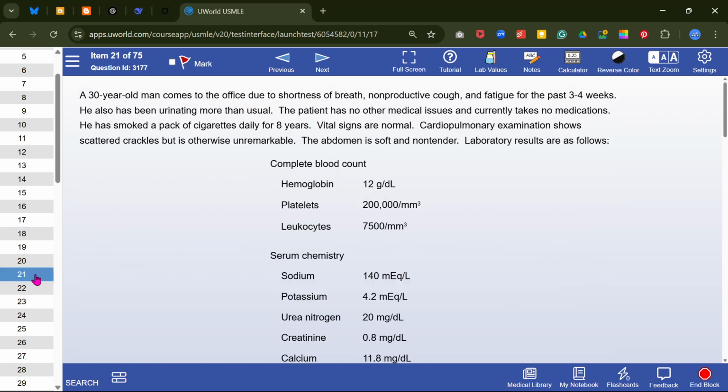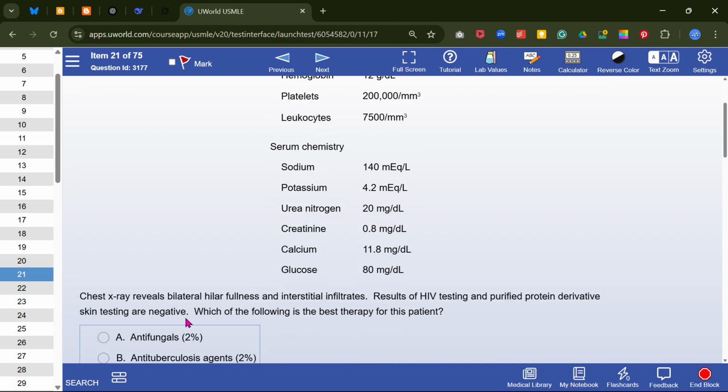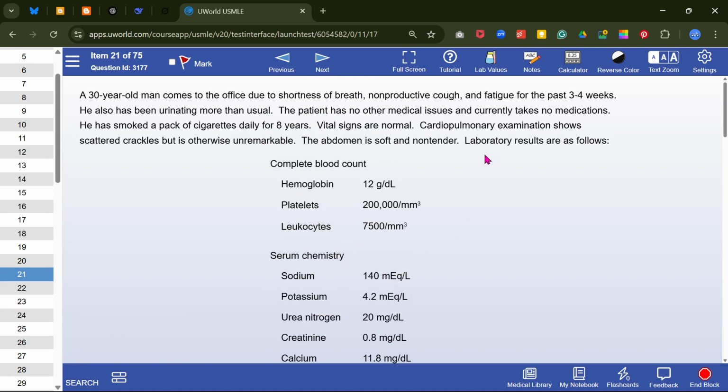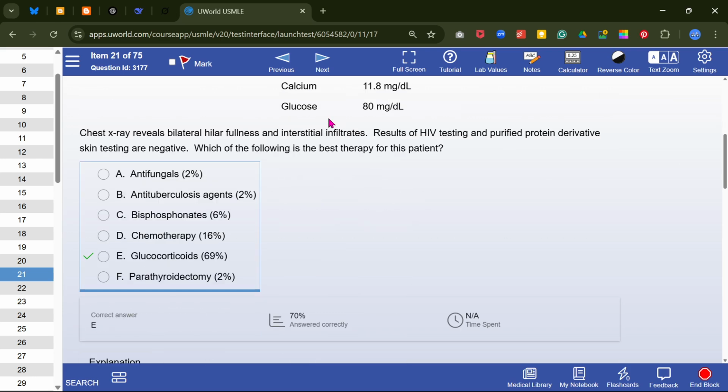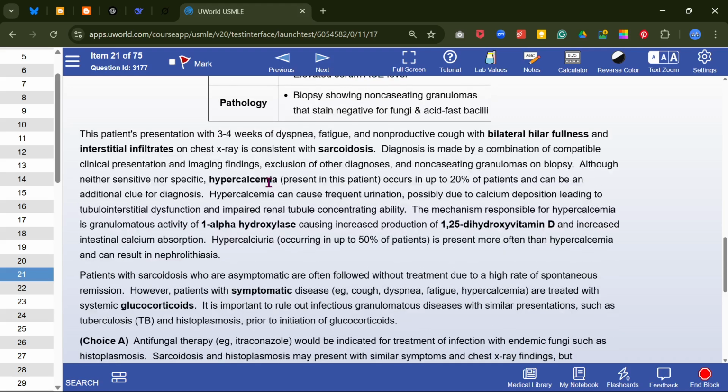Okay, look at here, a 30-year-old. Just look at the calcium level. Sarcoidosis can cause hypercalcemia. Look at the chest X-ray: bilateral hilar fullness. So bilateral hilar fullness, hypercalcemia, and other features like shortness of breath and non-productive cough look like sarcoidosis. Glucocorticoid or steroid is the drug of choice.